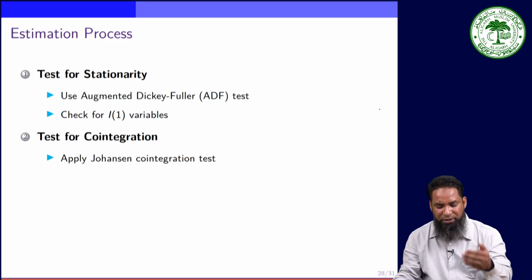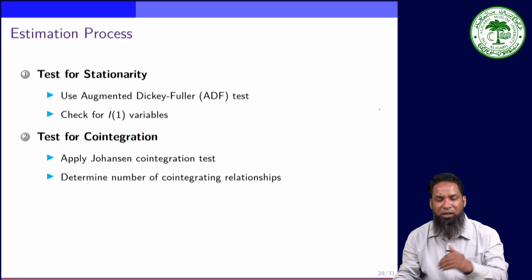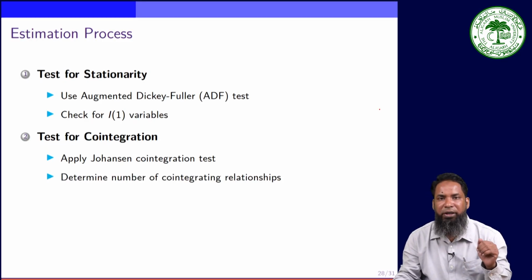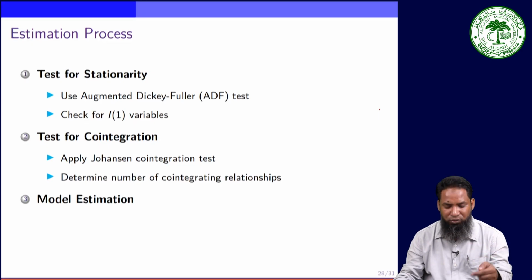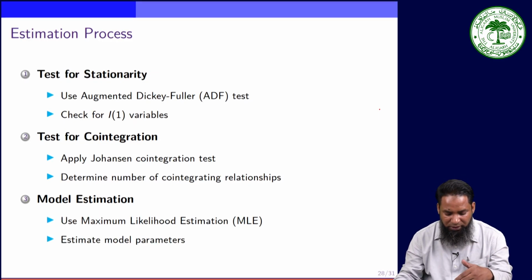We can apply the Johansen cointegration test in the multivariate case, that is more than 2 variables, or in the case of 2 variables we can use the Engle-Granger method. This gives us the number of cointegrating relationships. Then we construct the VECM. Then we estimate the VECM model, for example by maximum likelihood estimation, and estimate those parameters.